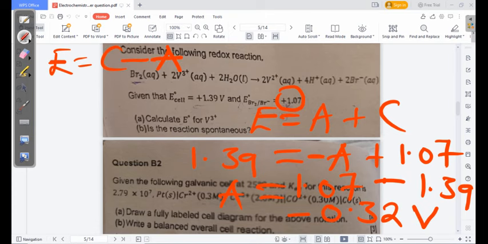So the standard cell potential has been given. So which one is your cathode? So we've identified this one to be a reduction. So it is supposed to be on what? Reduction occurs on the cathode, right? And the value has been given to be 1.07. So 1.07 minus the value of A we don't know. The standard cell potential of the reaction has been given to be 1.39. So we just make A the subject. That's how we got that part.